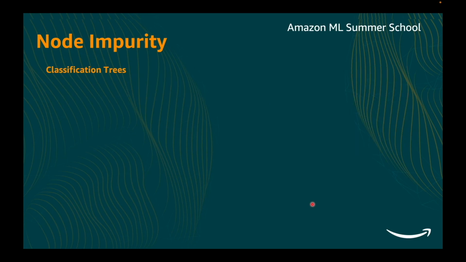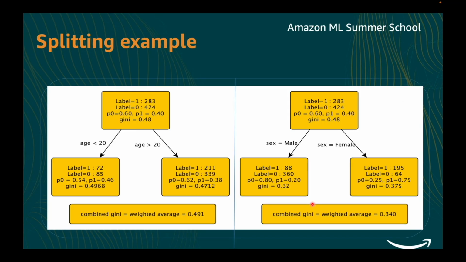To go back to the example over here, in this tree the fraction of examples falling into class number 0 is 64 divided by 64 plus 195, right? We take that and square it, and then we also take the fraction of examples falling into class number 1, which is 195 divided by 64 plus 195.